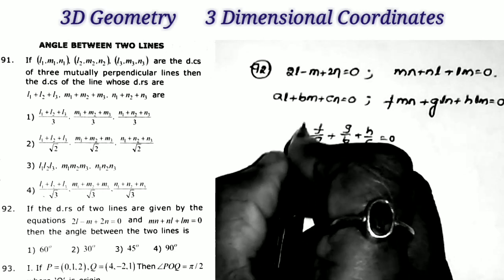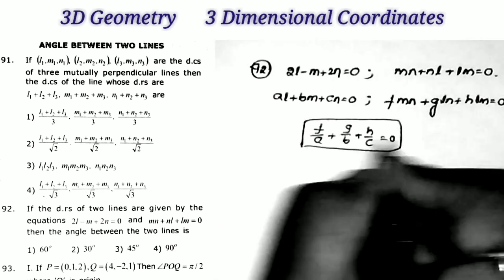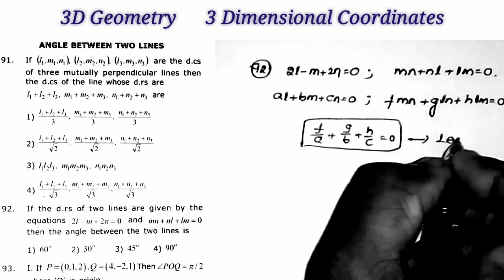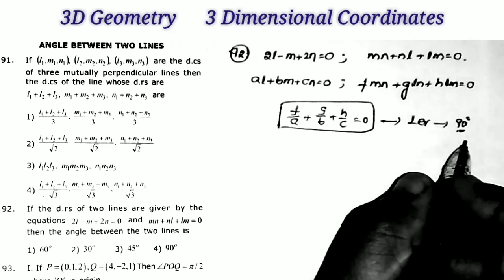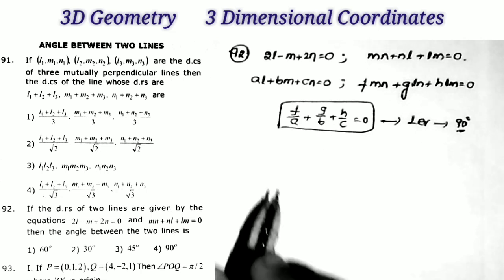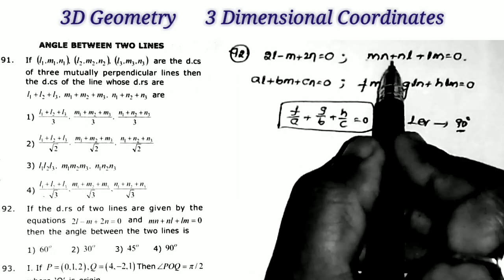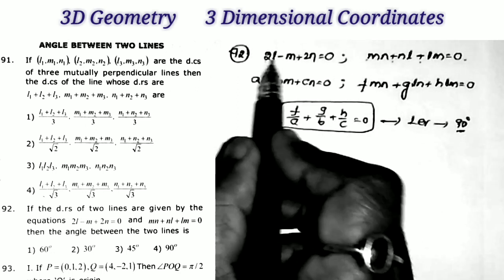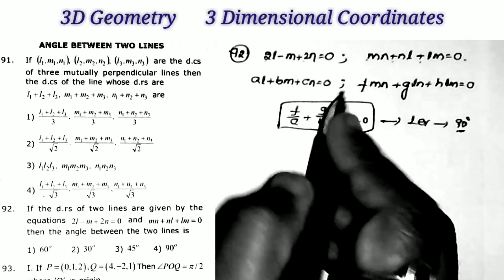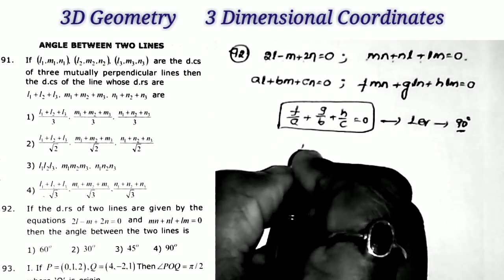If this value is equal to 0, then the lines are perpendicular to each other and the angle is equal to 90 degrees. So first I am checking this condition. What are the f, g, h values? 1, 1, 1. What are the a, b, c values? 2, minus 1, 2. f by a is 1 by 2, 1 by 2.